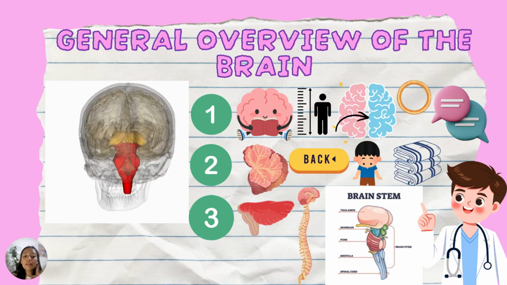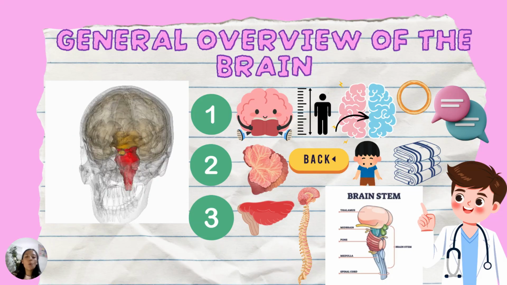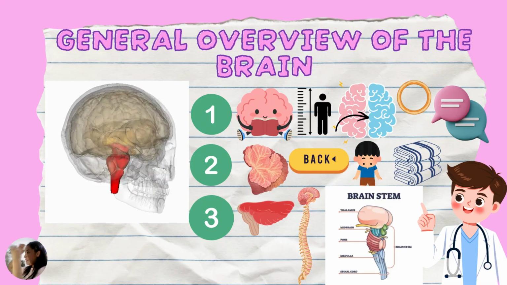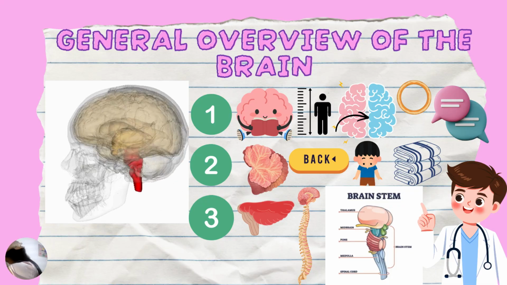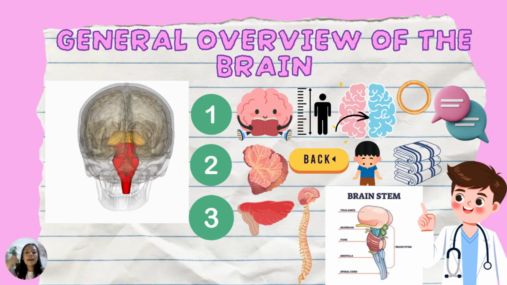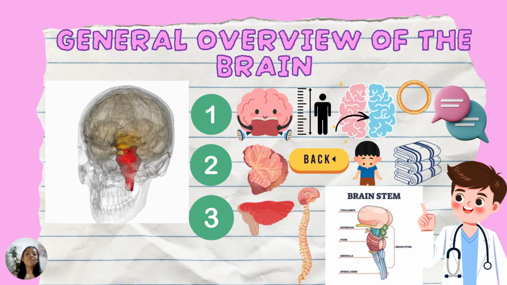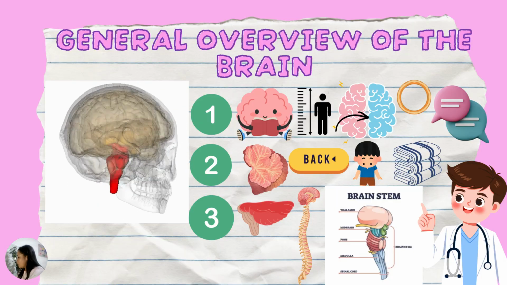The second part is the cerebellum. The cerebellum is located in the lower and the posterior part of the brain. So it's the posterior part, and in the lower part. It also has a highly folded structure. Folded is like this.